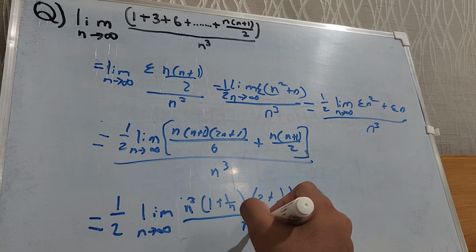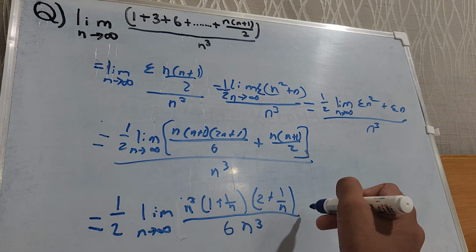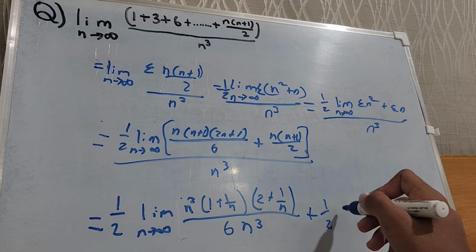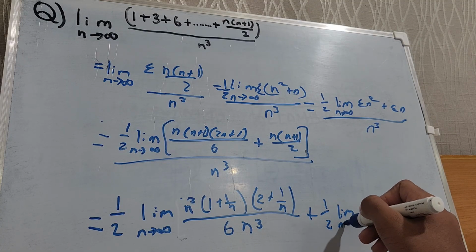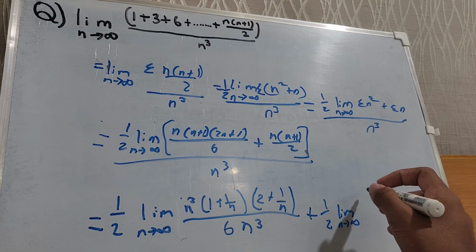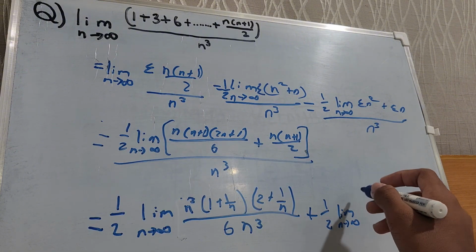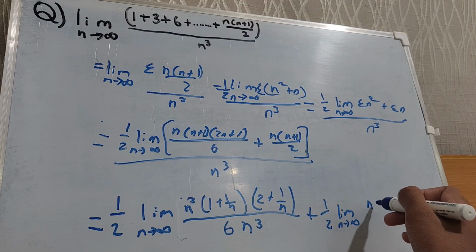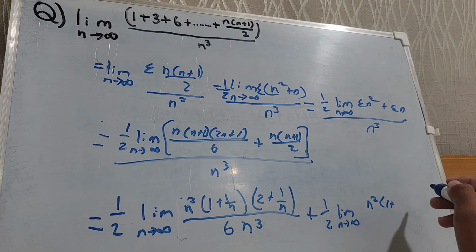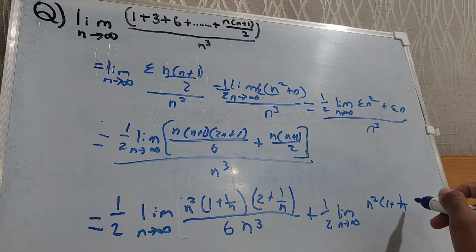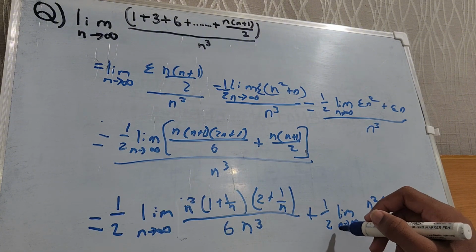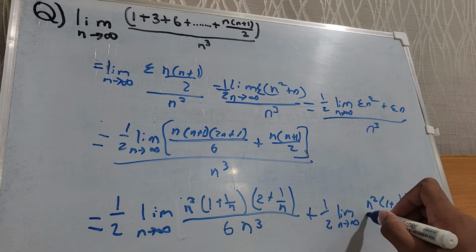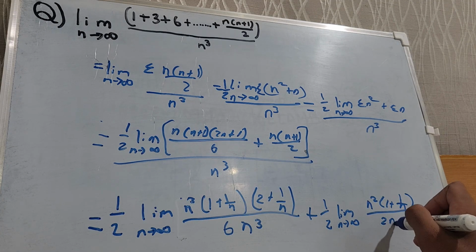by 6n cube plus 1 by 2 limit n tends to infinity, you take n square 1 plus 1 by n and by 2n cube.